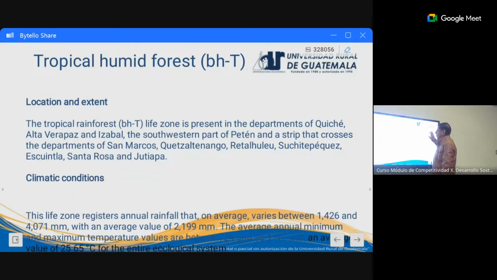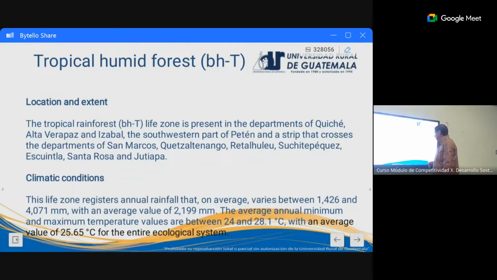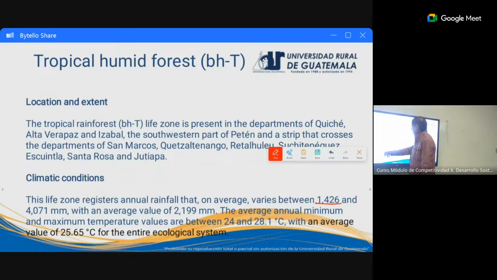The climate conditions are, let's check this information here. This life zone registers annual rainfall that on average varies between 1,426 millimeters and 4,071 millimeters with an average value of 2,199 millimeters. Okay?